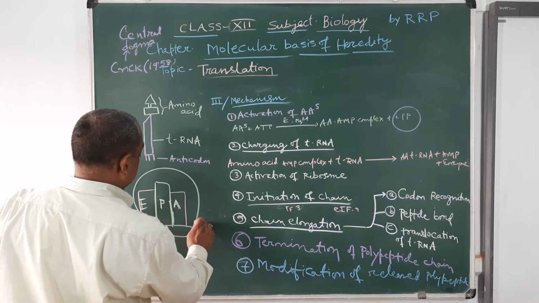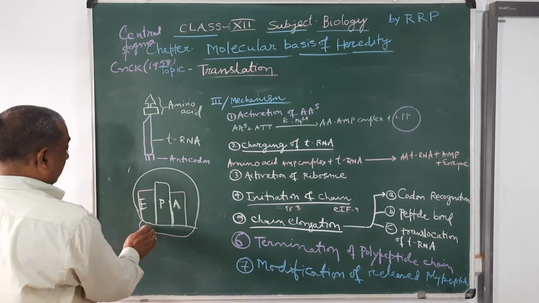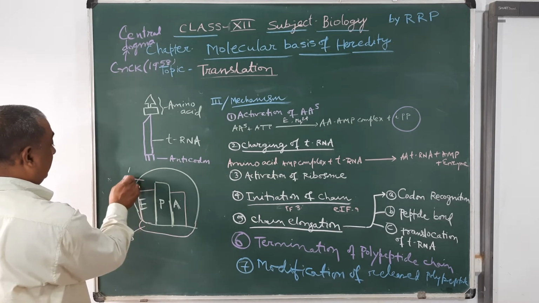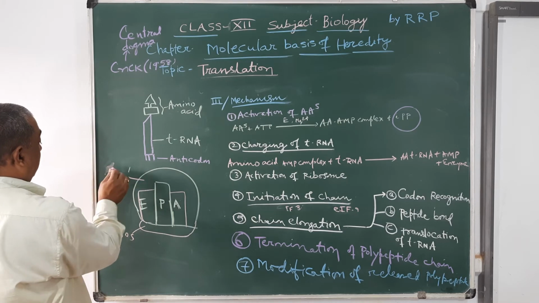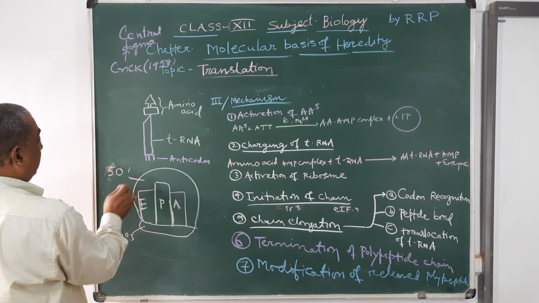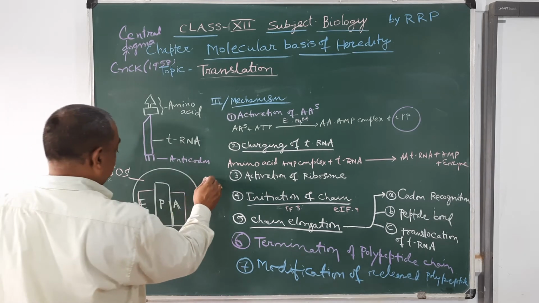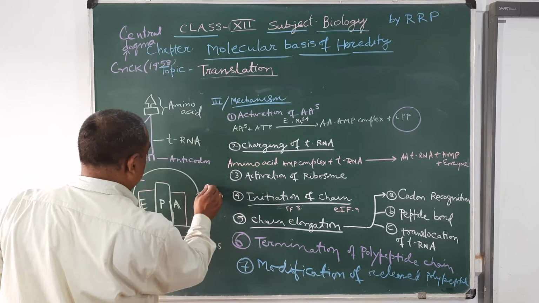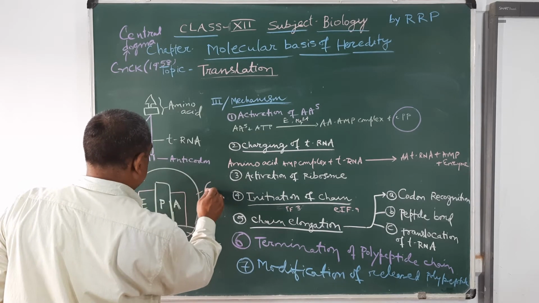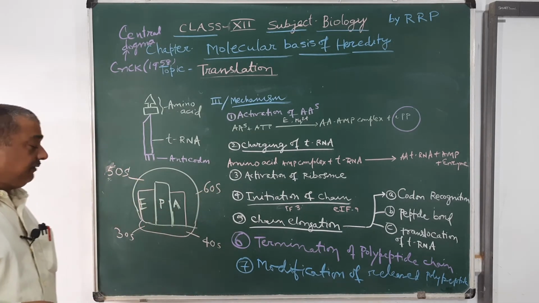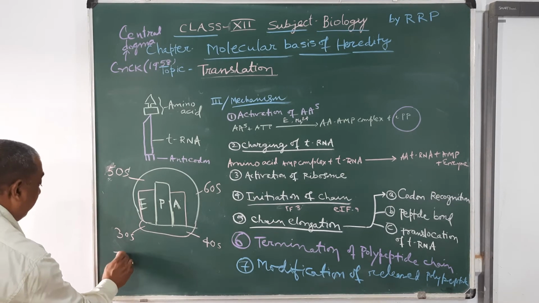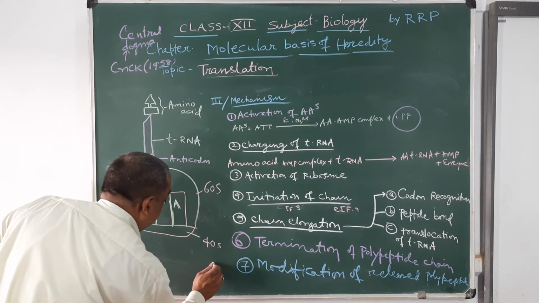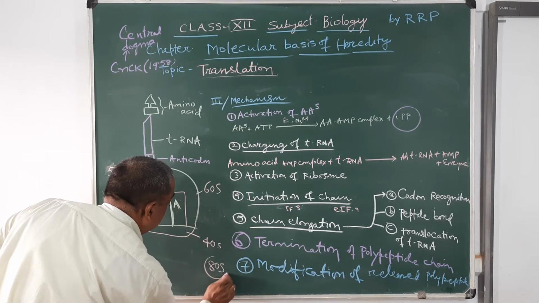In prokaryotes the smaller unit is 30S and the large unit is 50S, and in eukaryotes there are 40S and 60S. They are not the additive value. In prokaryotes 70S ribosomes are found, but in eukaryotes 80S ribosomes are found.